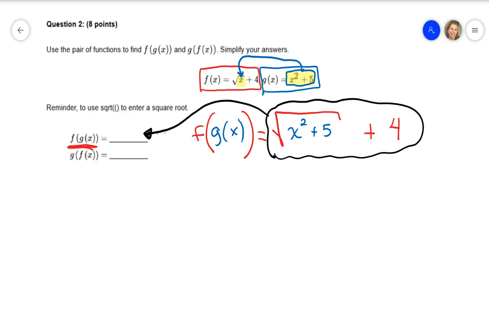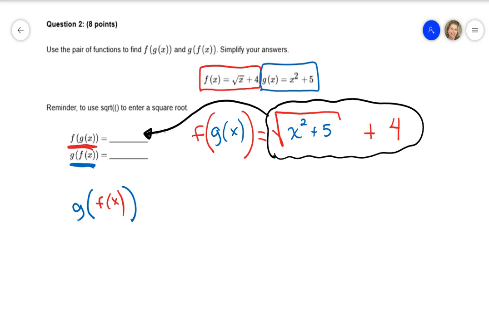Okay, now I'm going to do the other one, which is g of f of x. So I'm going to have g of f of x. I am going to be putting the red function into the blue one. Highlighting again, the red function is the square root of x plus 4.